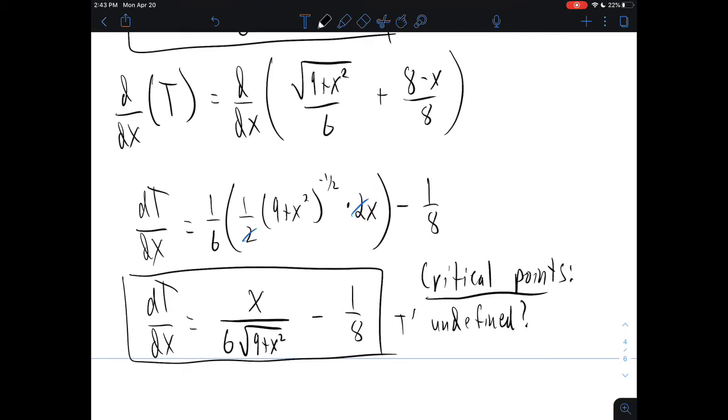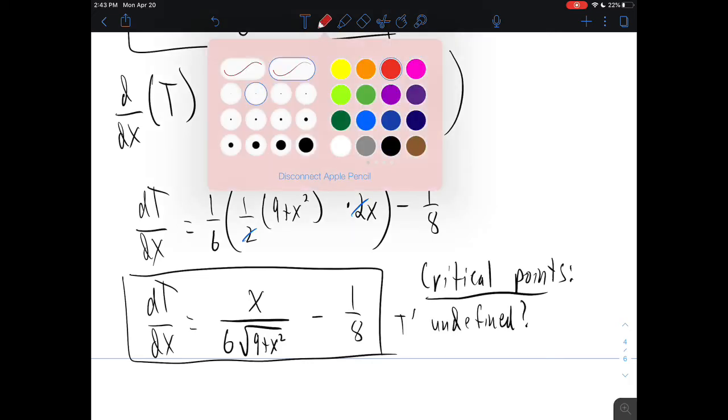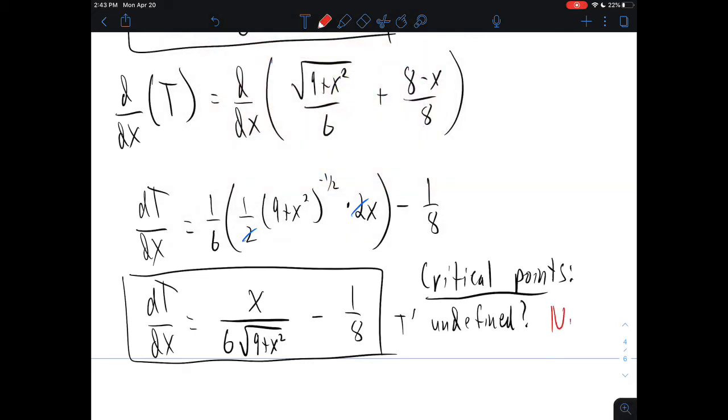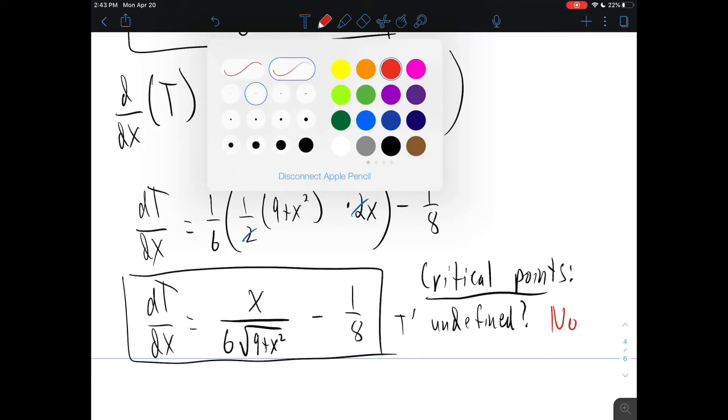It's got a fraction, and fractions are undefined where the denominator is equal to 0, which means we would be concerned about 9 plus x squared being equal to 0. But that wouldn't happen because 9 plus x squared is always positive. So we don't have to worry about the derivative being undefined. So our only real concern is, where is the derivative equal to 0?